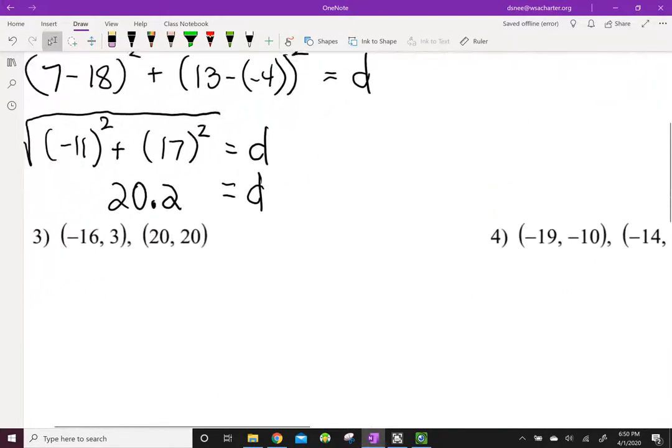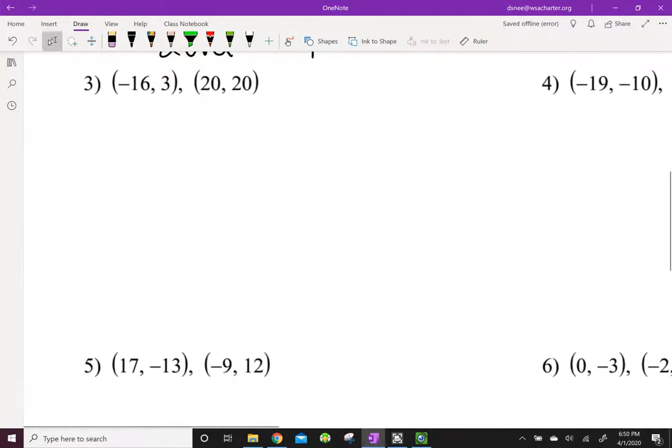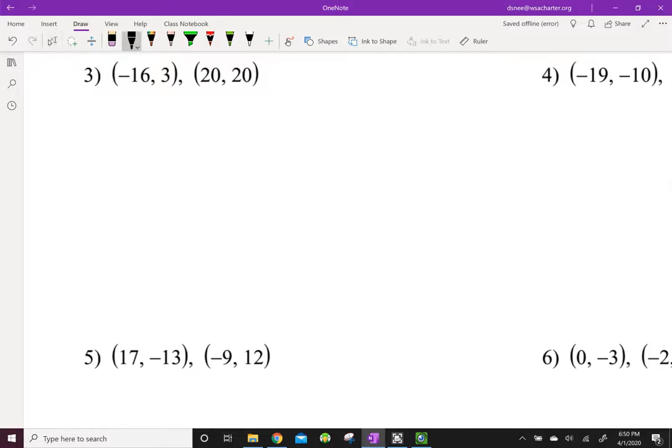Let's see. We're going to label our points, x1 and y1 and x2 and y2. This is not new. We've worked with points on the coordinate plane like this before, and we're going to put those values into our formula.